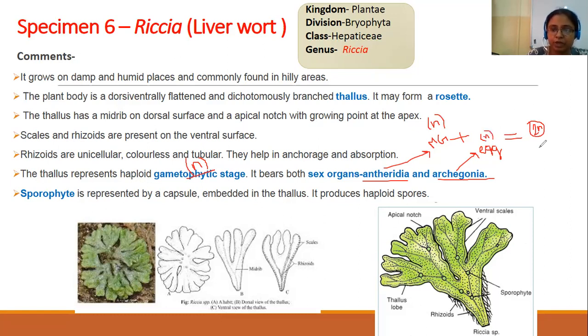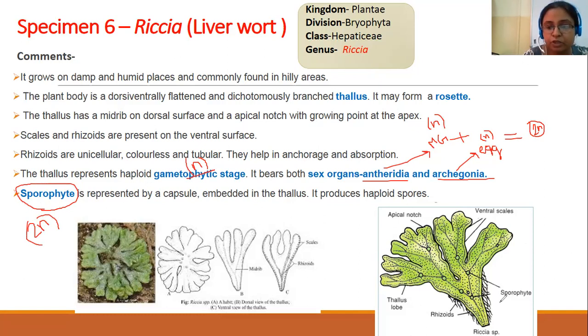Now this diploid zygote will divide mitotically, and it will produce a diploid body. And this diploid body we call a sporophyte. And this sporophyte is 2N. It is diploid. Why is it diploid? Because it is produced by the mitotic division of this diploid zygote. That's why this sporophyte is also diploid.